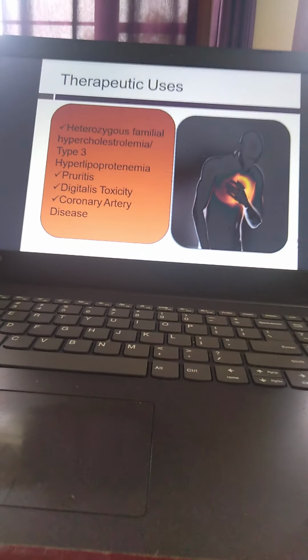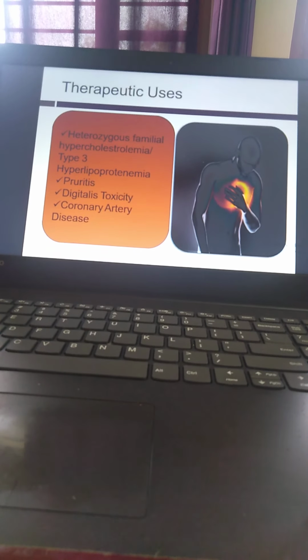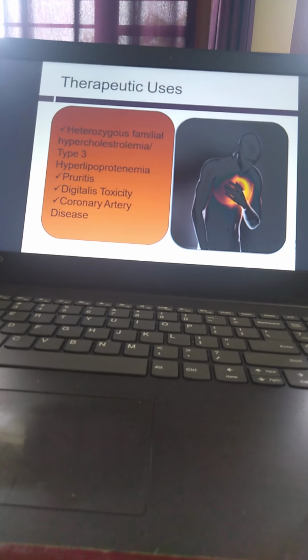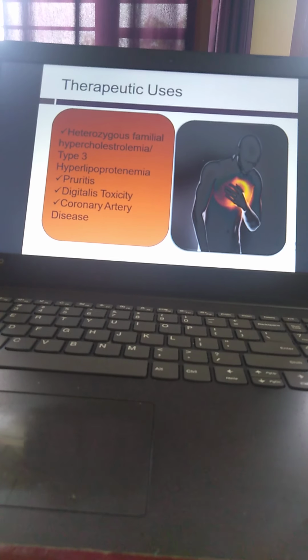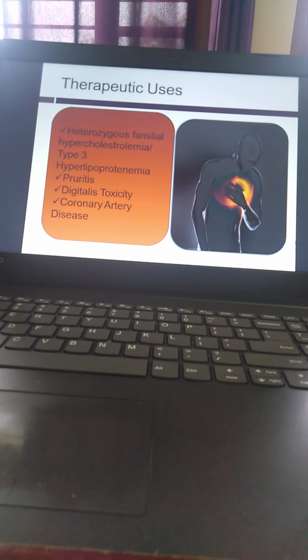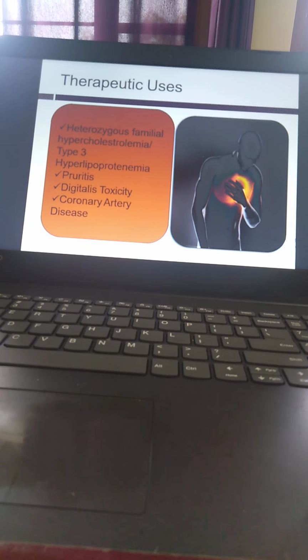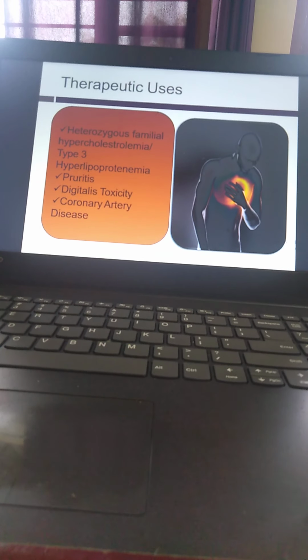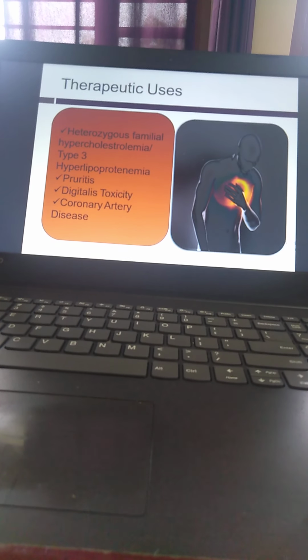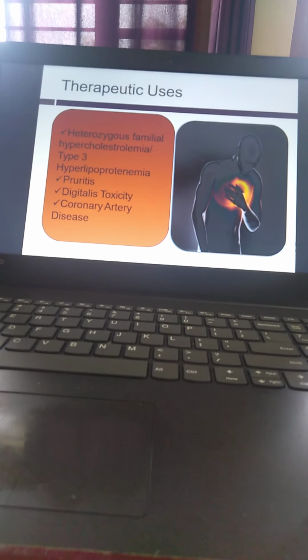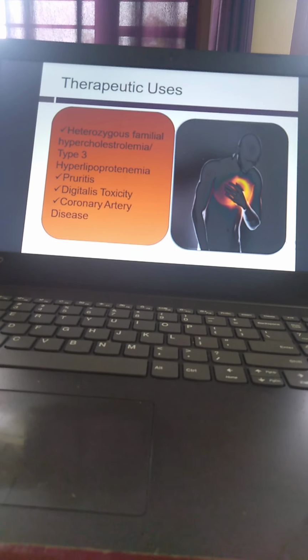Therapeutic use: we give it in heterozygous familial hypercholesterolemia, type 3 hyperlipoproteinemia, pruritus, digitalis toxicity, and coronary artery disease. If you have digitalis toxicity, you can give these sequestrants because they do not let digitalis be absorbed into the systemic compartment.